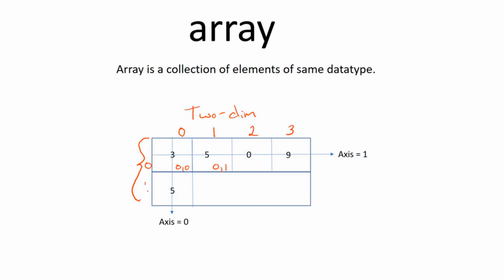Now down here we have a 1. So what is this 5? This 5 is 1, comma 0. If we had another cell here, it would be 1, 1.